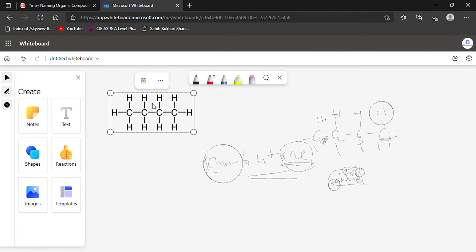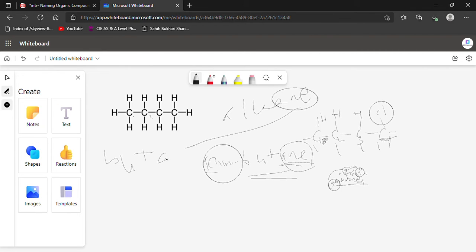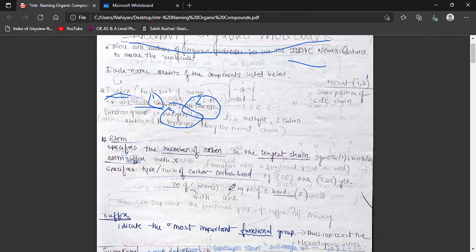So you can directly write the stem: 1, 2, 3, 4, four carbons, so you have but, and it has only single bonds, so this is an alkane. The last part is ane, so it's butane. That's easy. Now moving on.